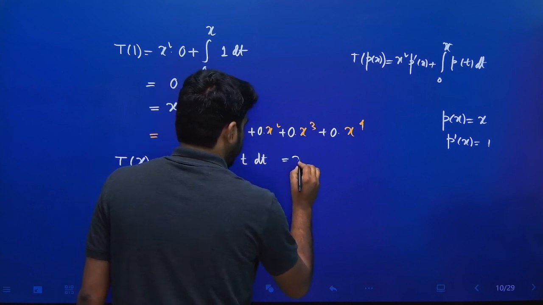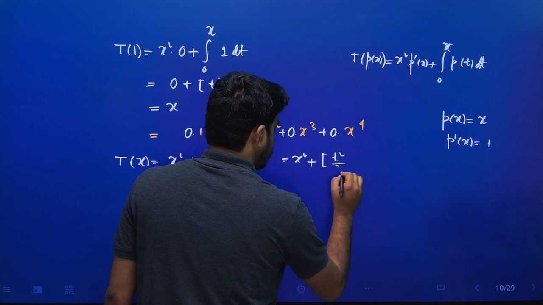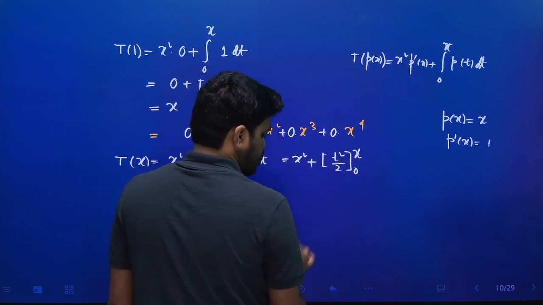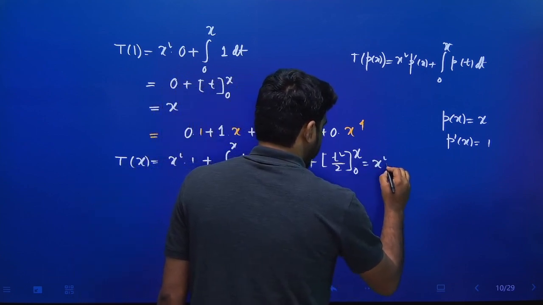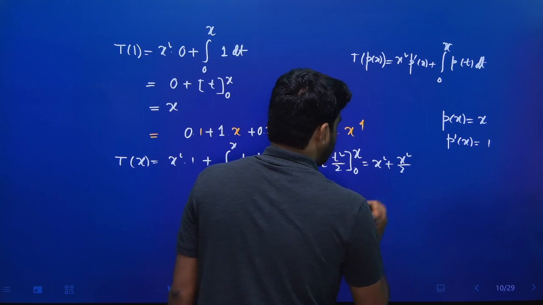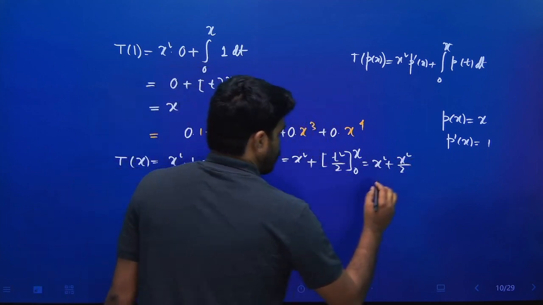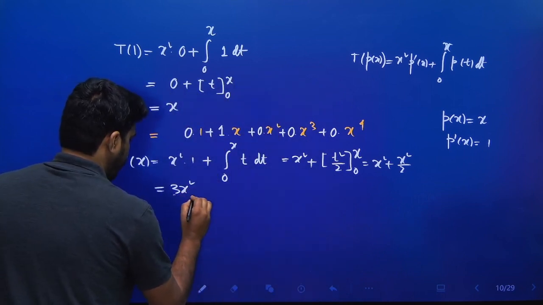So this equals x square plus the integration of t, that is t square by 2, lower limit 0, upper limit x, so x square by 2. So x square plus x square by 2 minus 0, so this will be 3x square by 2.